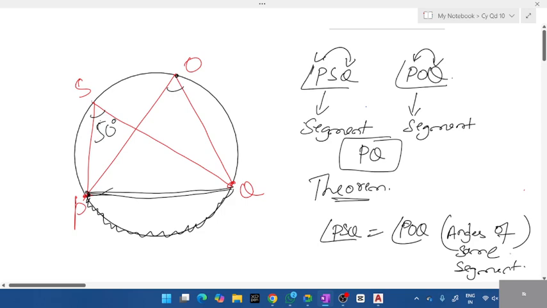We call it angles of same segment. See, both are formed on the circumference. You can even remember it like this: circumference is equal to circumference.